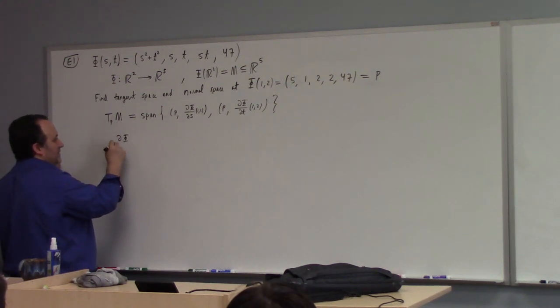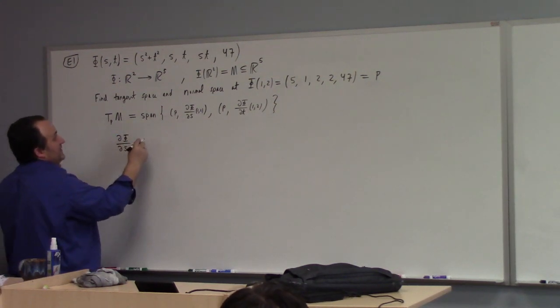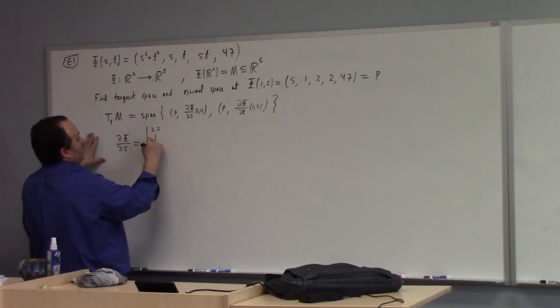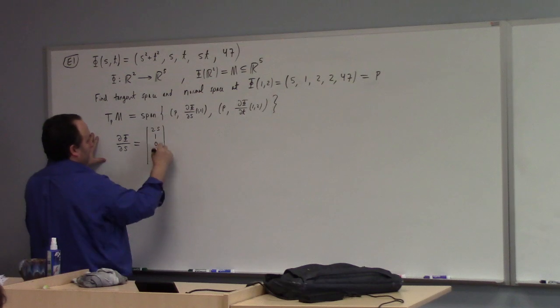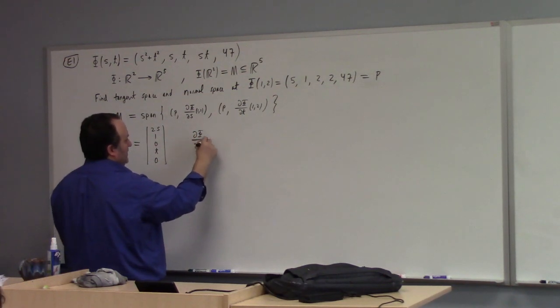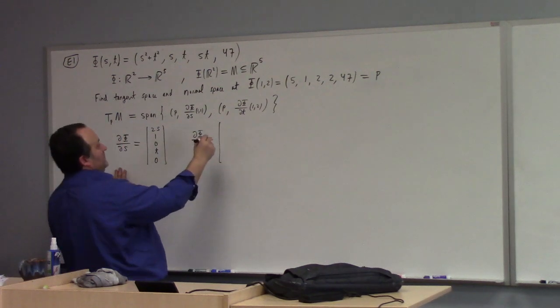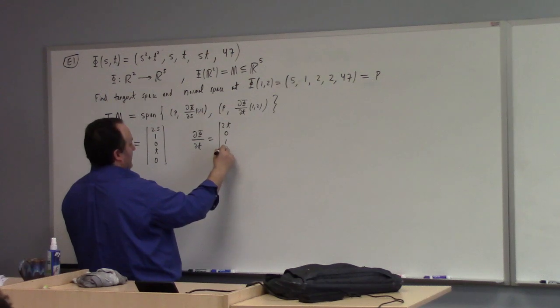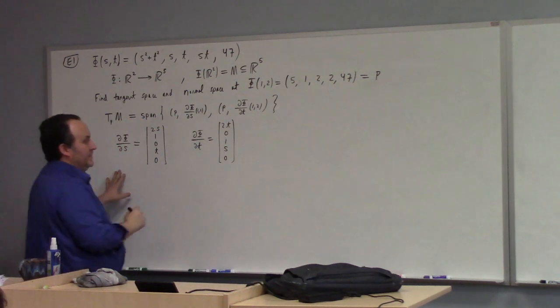So partial phi, partial s, in this case, I got (2s, 1, 0, t, 0). Partial phi, partial t, I've got (2t, 0, 1, s, 0).